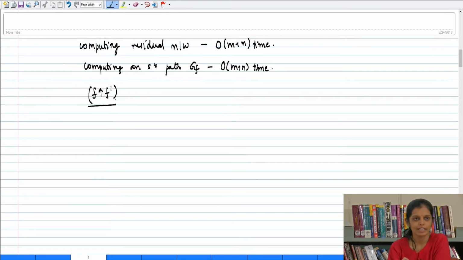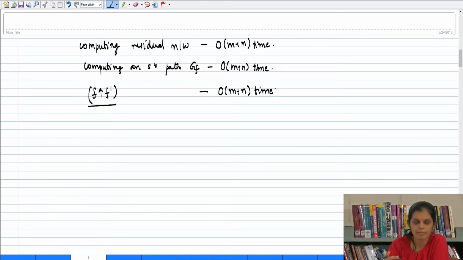How long does this take? So this is a new flow, right? We had called this a new flow. So this we have to again compute. How long does it take? Again we will simply say that it takes order m plus n time for the computation of this augmented flow, right? And then you just set f prime, that is only a constant.